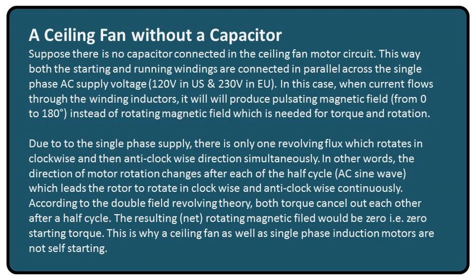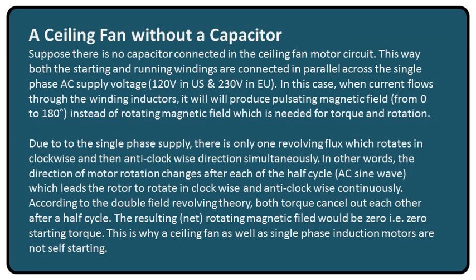In this case, when current flows through the winding inductors, it will produce a pulsating magnetic field from 0 to 180 degrees, instead of the rotating magnetic field which is needed for torque and rotation.